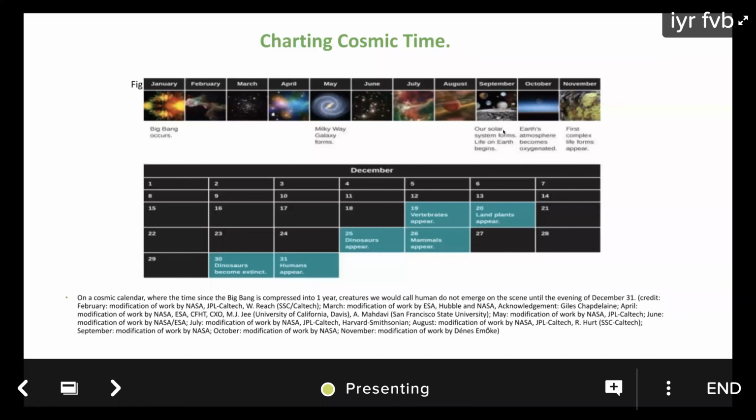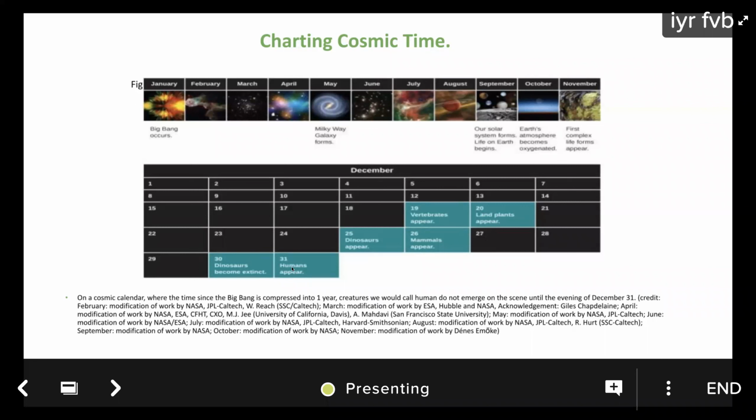And if you look at the December calendar separately, we can see that land plants appear around December 20th, and then the dinosaurs appear December 25th, and mammals appear December 26th, and then on December 30th dinosaurs become extinct, right? And then humans appear December 31st.